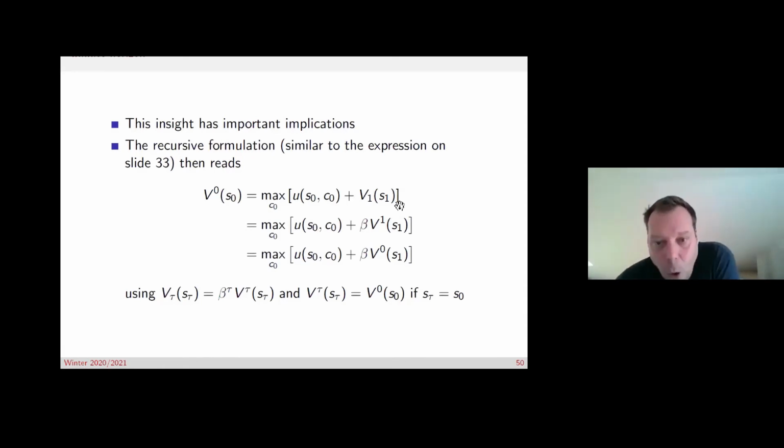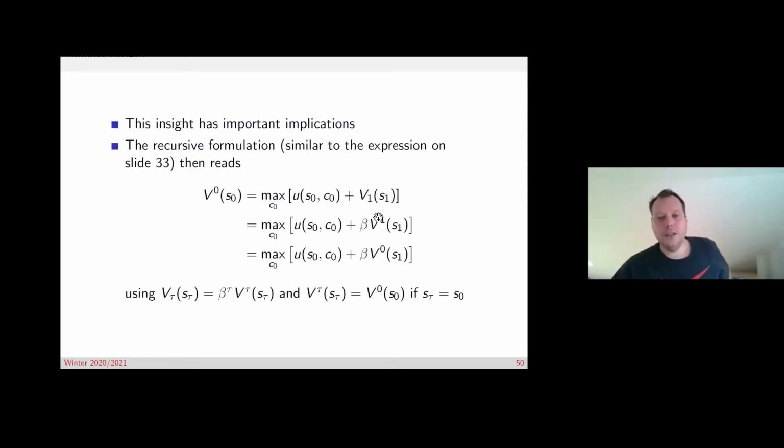Because obviously this continuation value, so the thing that you would receive in the next period, you have to value in current units, right? But if you value that in current units, well, then, because this was the definition that we used, you could just write this as beta times the current value function.